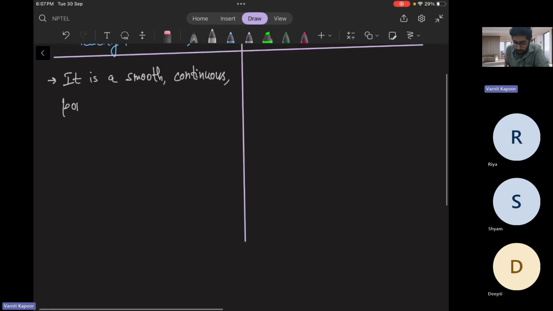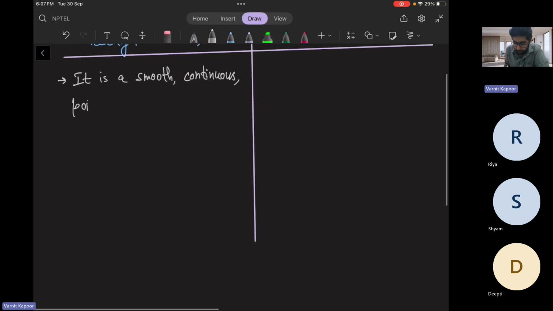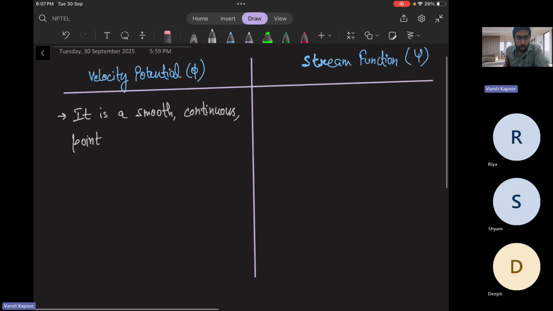I hope everyone knows what a point function is, and what path functions or state functions are. All these differences you might have studied in thermodynamics. Those that are independent of the path are point or state functions. It is a point scalar function.